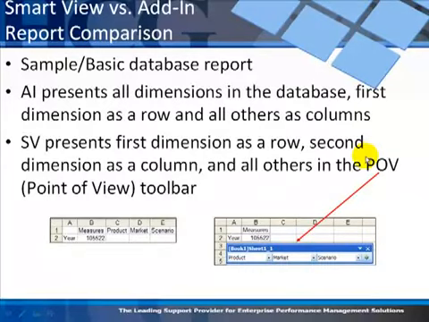For those of you familiar with the older spreadsheet add-in, you might notice that the initial report looks very similar in the add-in as it does in SmartView, with one important difference.